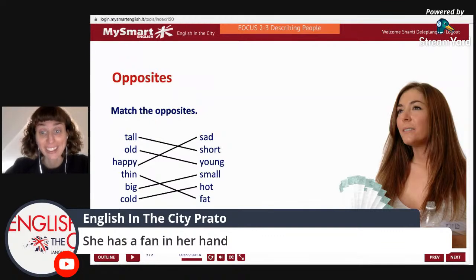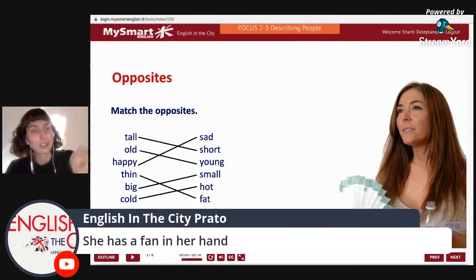Yes, a fan. The word fan can be used for I'm a fan of the singer. So I'm a supporter. I love the singer, or I'm a fan of Juventus, for example. But a fan is also an object that you can use to make wind with your hand, or it can be an electric fan that turns to make cold air.